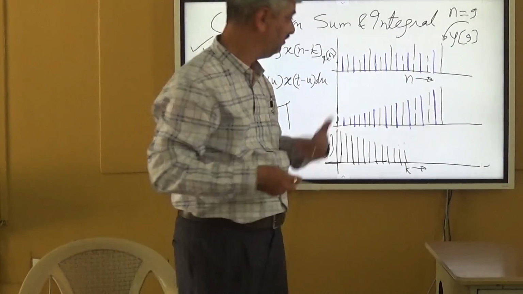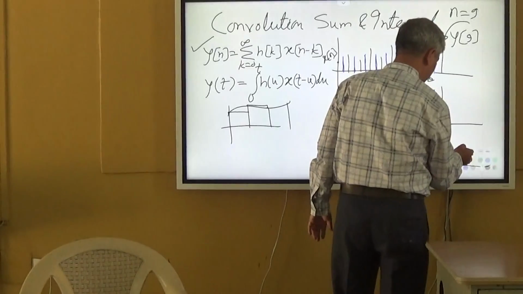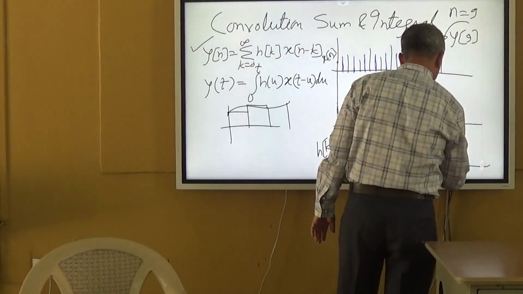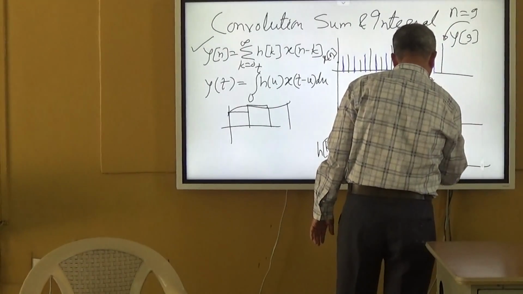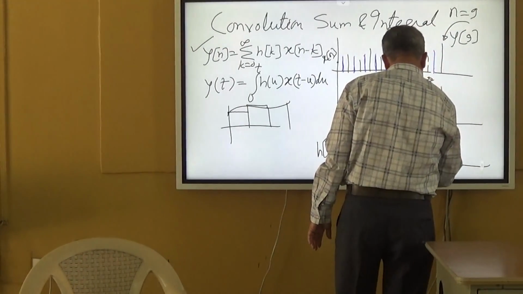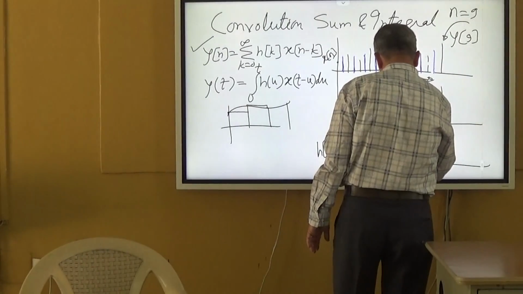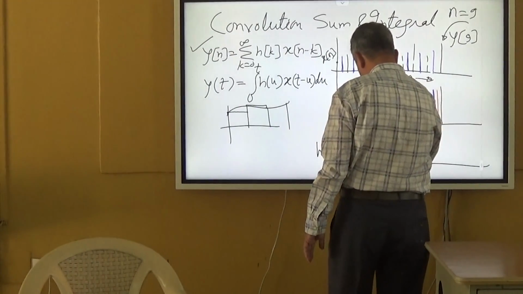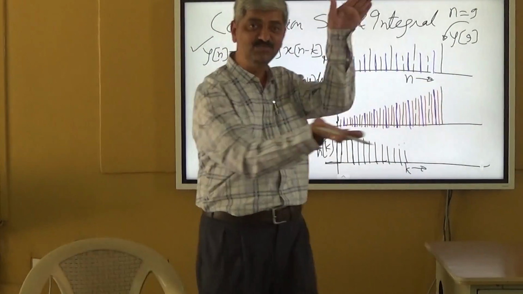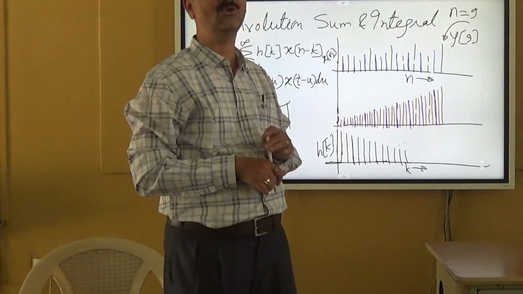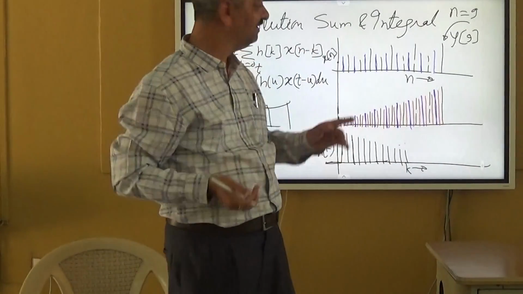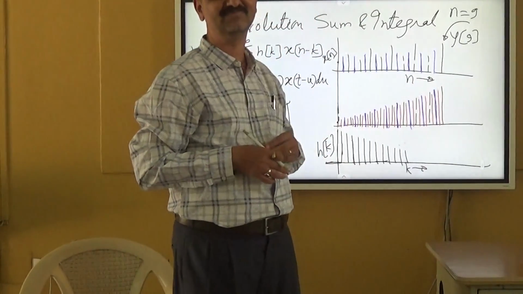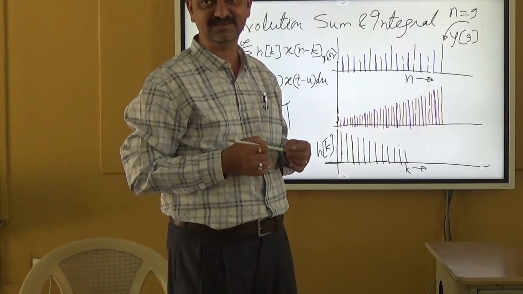If I add more, if I sample more, what should happen? It should further decrease. So more. So what should happen? That their addition should remain constant. The addition should remain constant.